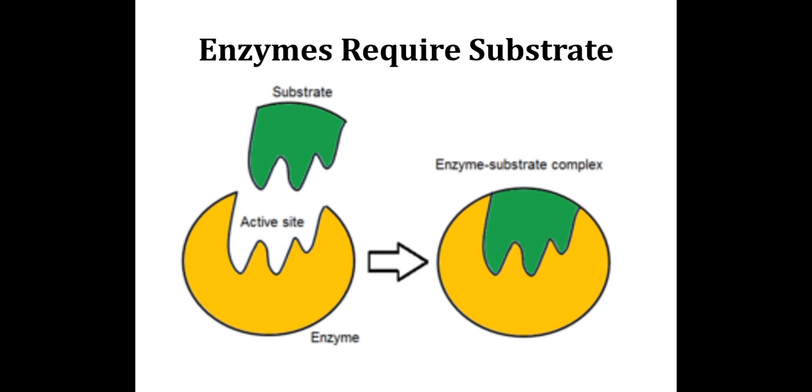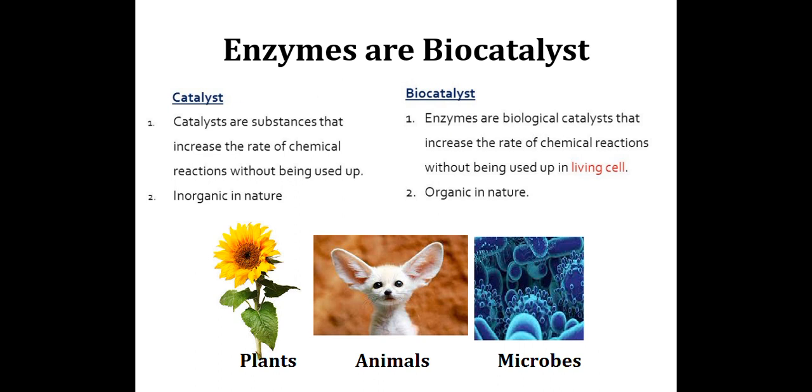Now for catalytic activity, the enzymes require the substrate. So the substrate gets fitted into the active site and the enzyme substrate complex is formed there. So basically the enzymes are biocatalysts. We know that catalysts are substances that increase the rate of chemical reactions, and they are used in chemical laboratories.